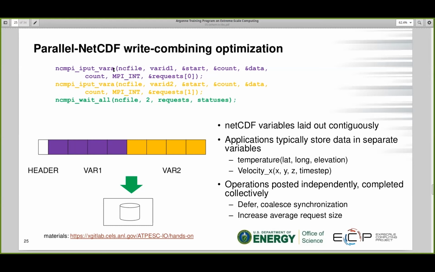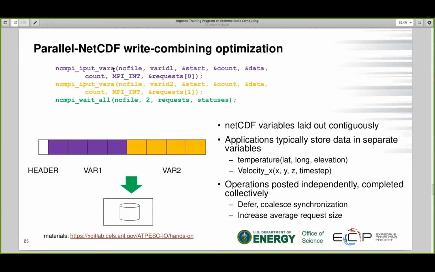So we have the purple variable and the gold variable, and the caller will use these. It's non-blocking, but really what it does is describe the I/O and then execute the I/O later. The I in here, just like with MPI routines, is an indication that it's non-blocking.